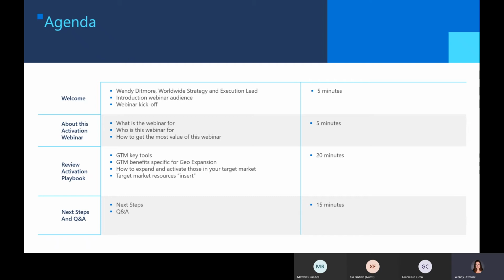There are some key tools, insights, and best practices in it, and we'll highlight a few of those as we walk through all of the content. Finally, I'll end with some key next steps I would recommend taking after this call to help you get started as you're working through your geo expansion journey. And we'll provide remaining time for any specific questions that you might have that I can help answer.